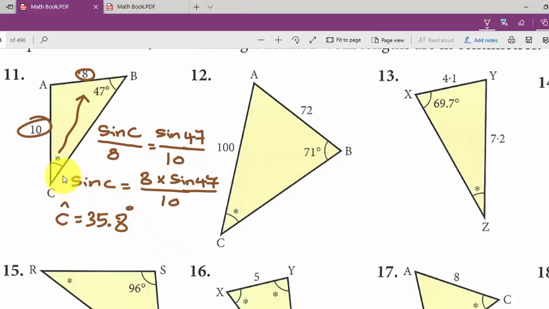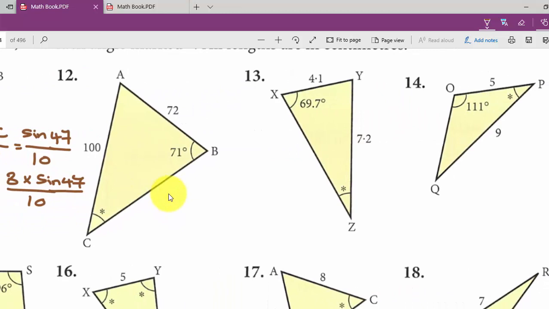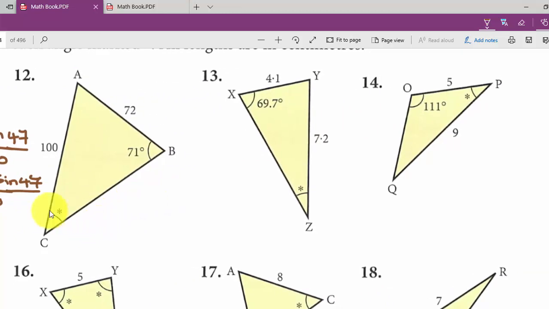The only difference between missing side or missing angle, in the missing angle, we have to use sine inverse after we did this step. Now question 12. Again, this angle is missing. Its opposite is 72.